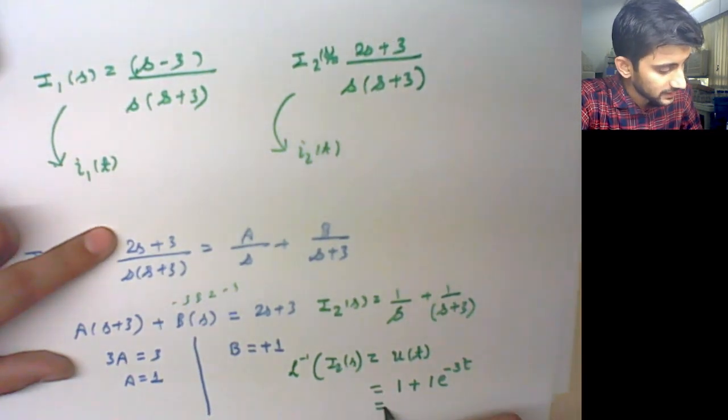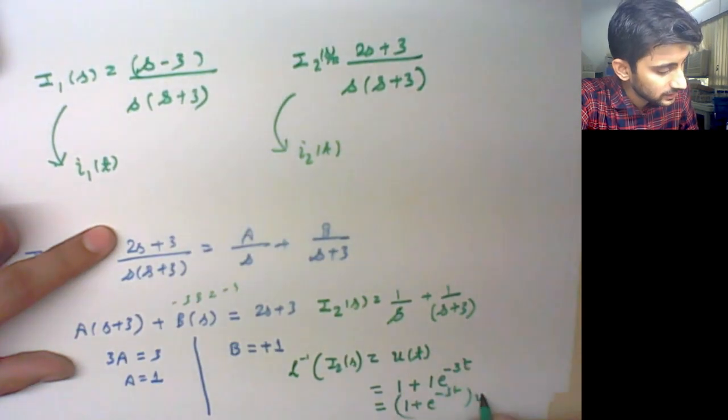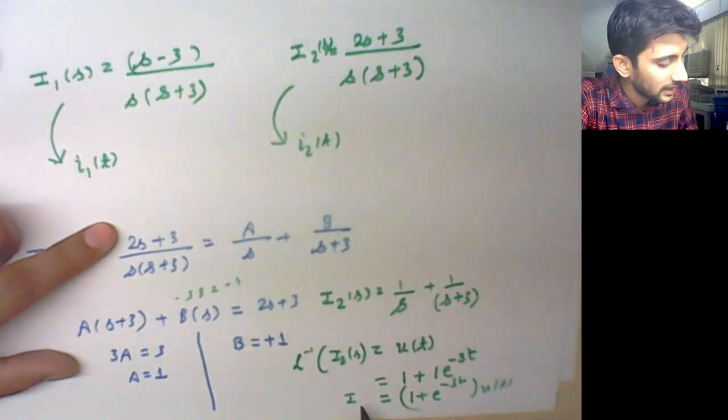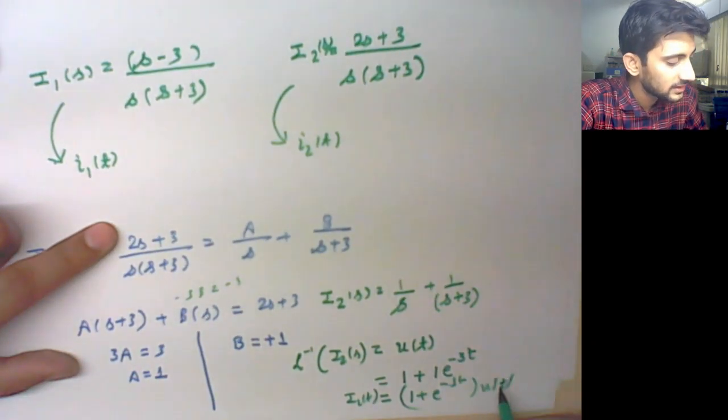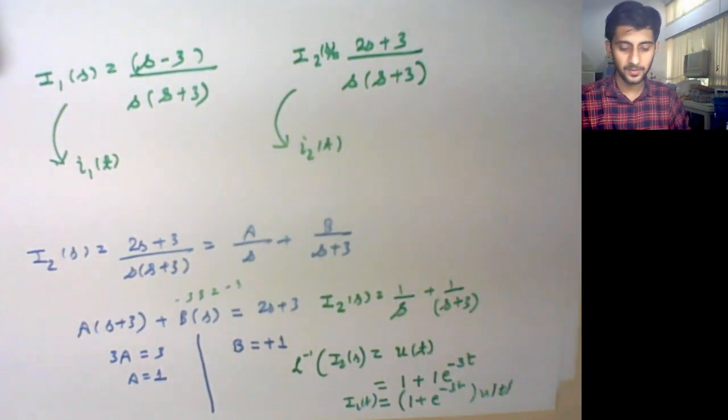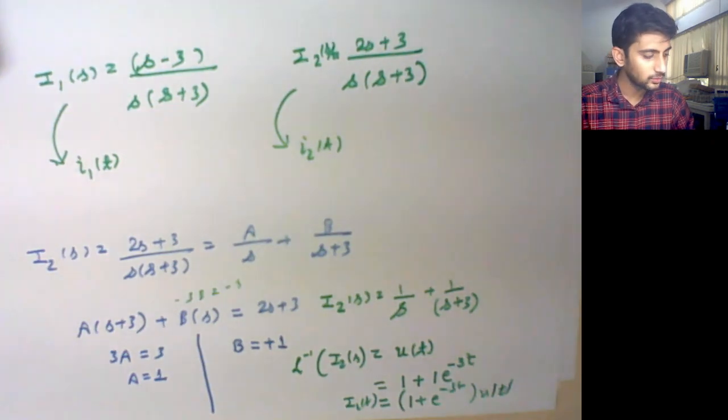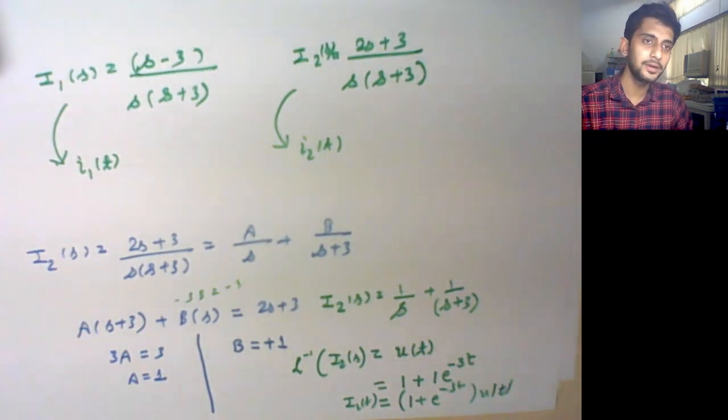So we have got that it should be equal to 1 plus e to the power minus 3t, times u(t). And this is the value of your I2 for all t. So (1 + e^(−3t)) u(t) is your value of I2(t).